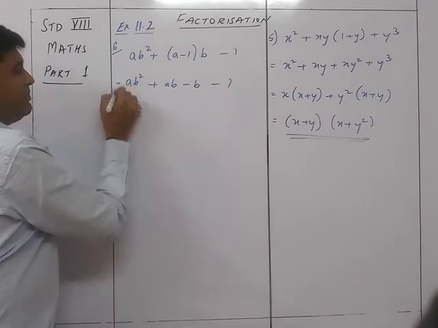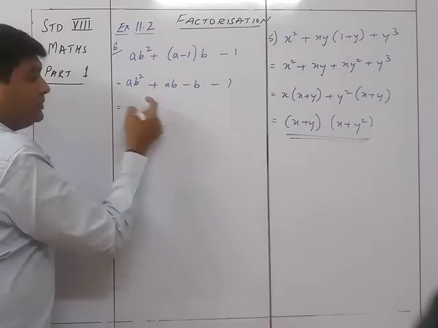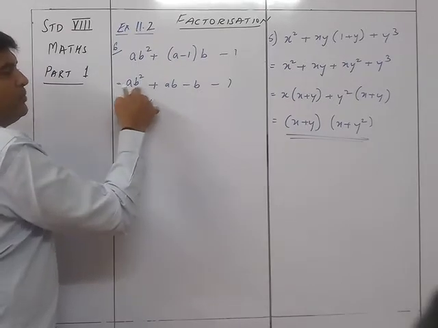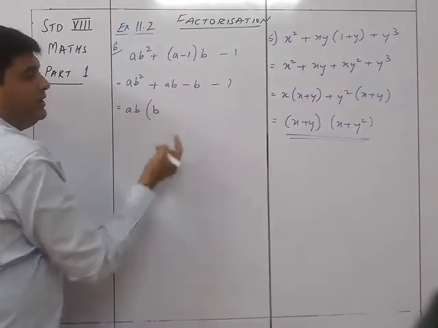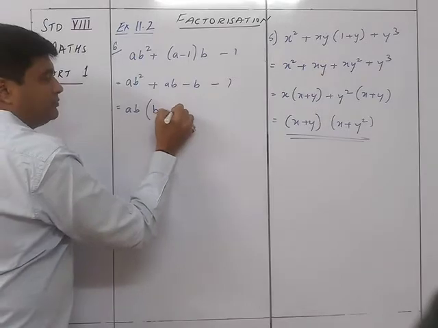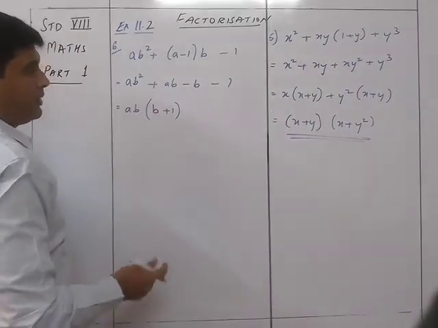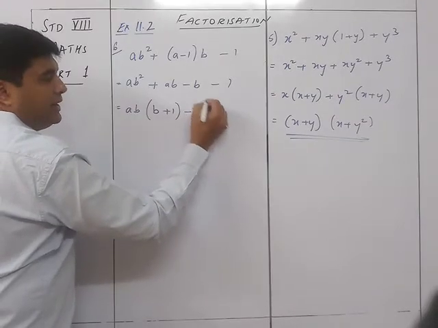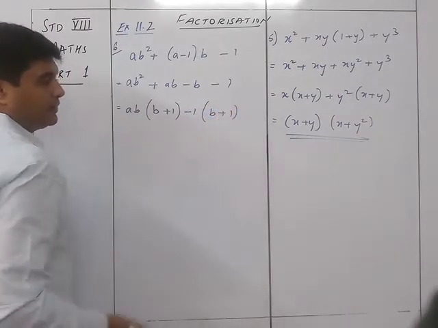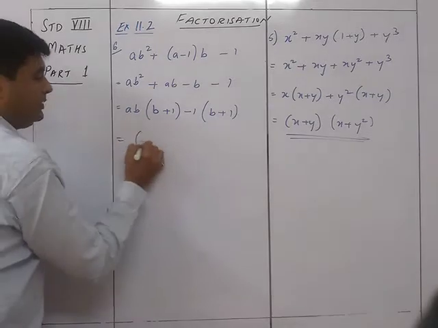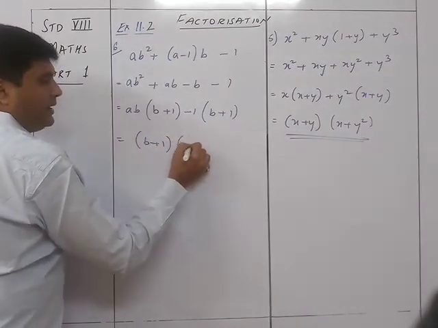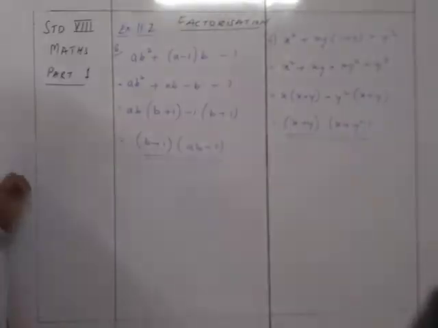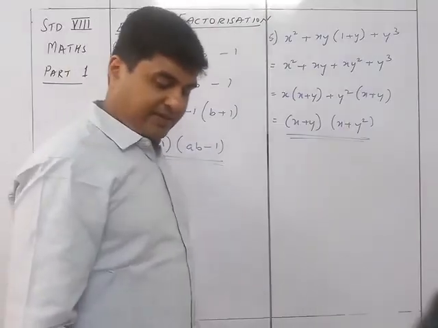Between these two, what is common? Yes, ab is common. What is remaining here after ab? If I remove ab from ab square, what is remaining is b. What is remaining here is just 1. So plus 1. Now I want a b plus 1 over here, so I'll take minus 1 common and I'll get b plus 1. So b plus 1 is common and ab minus 1 is the other bracket. That's the answer for question number 6.